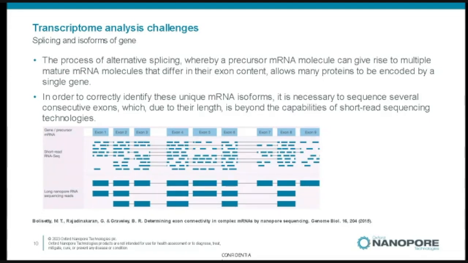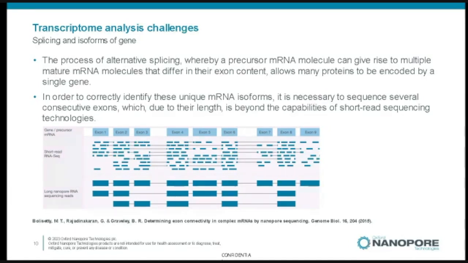If we look at the picture showing here, the lowest part shows the long read sequencing from Nanopore. We sequence through the entire transcript. For example, we have exon 1, 2, 3, 4, 5, 6, 7, up to 9. For the first isoform, Nanopore sequences through the entire exon 1 to 9.